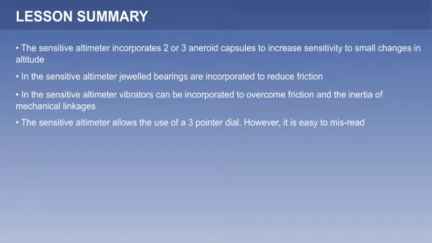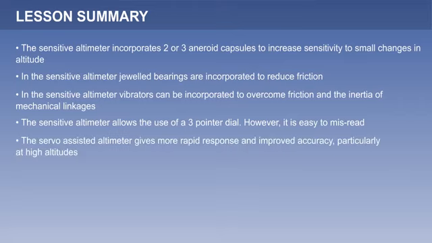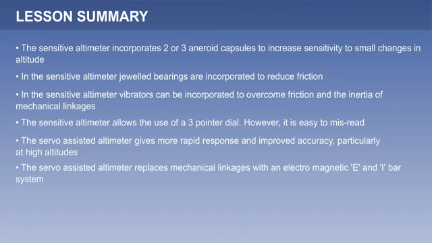The sensitive altimeter allows the use of a 3-pointer dial. However, it is easy to misread. The servo-assisted altimeter gives more rapid response and improved accuracy, particularly at high altitudes. The servo-assisted altimeter replaces mechanical linkages with an electromagnetic E and I bar system.